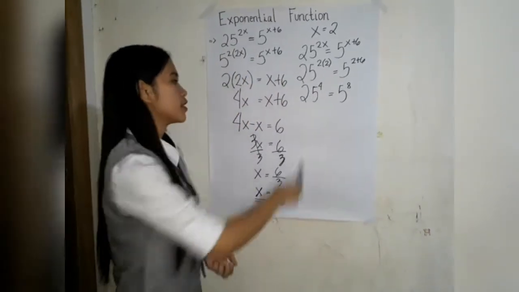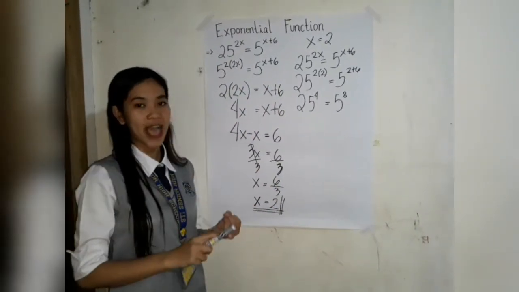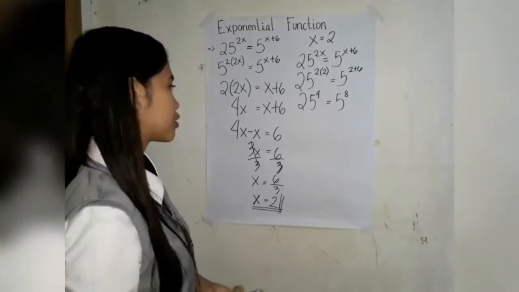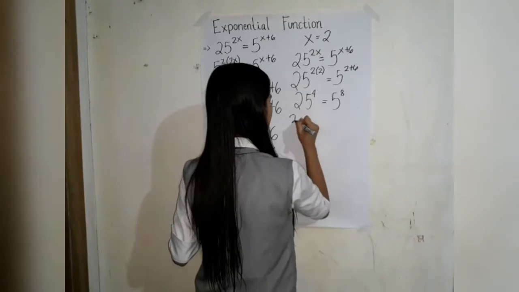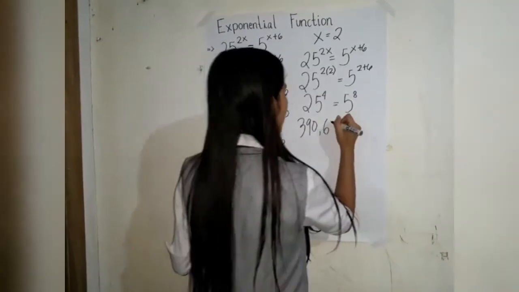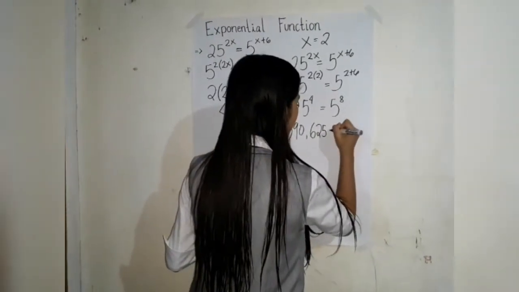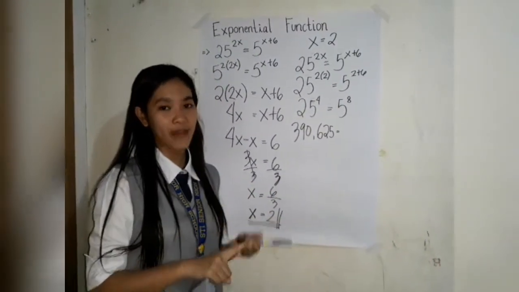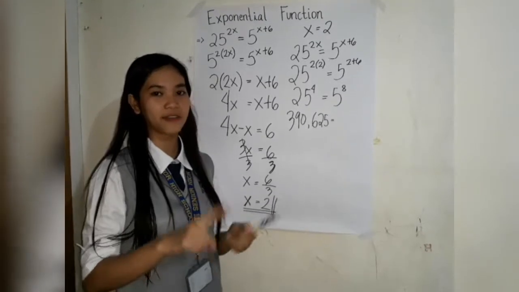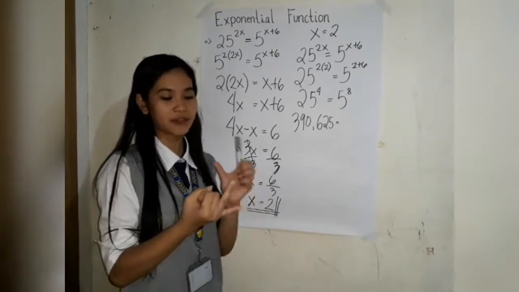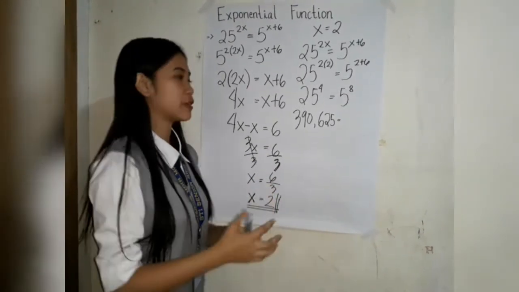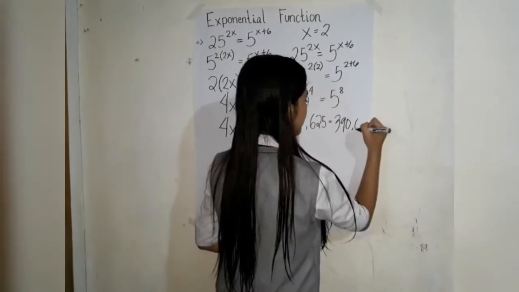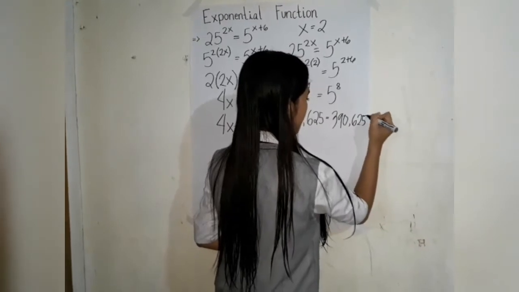Now, 25 raised to 4, so 25 times 25 times 25 times 25 is equal to 390,625, and that is equal to 5 raised to 8. So, 5 times 5 times 5 times 5 times 5 times 5 times 5 times 5 is equal to 390,625.